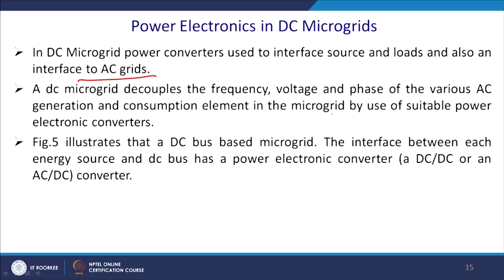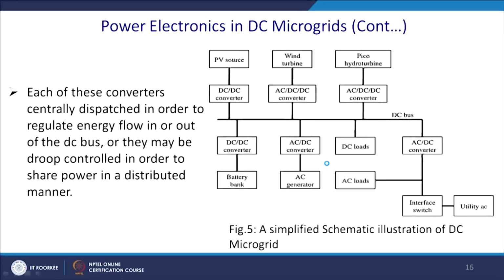Now, figure 5 illustrates the DC bus based microgrid, where the interface between each energy source and the DC bus has a power electronics converter to maintain the required DC bus voltage. So, this is the DC bus, and you have PV with a DC to DC converter, then wind with an AC to DC and then a DC to DC converter.